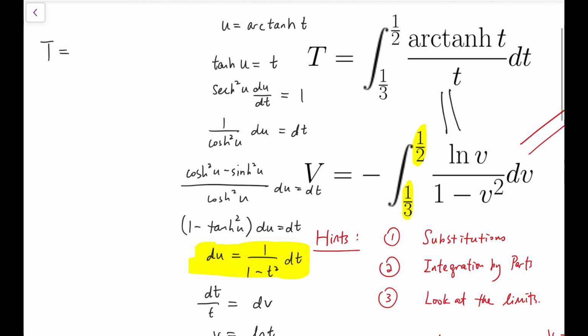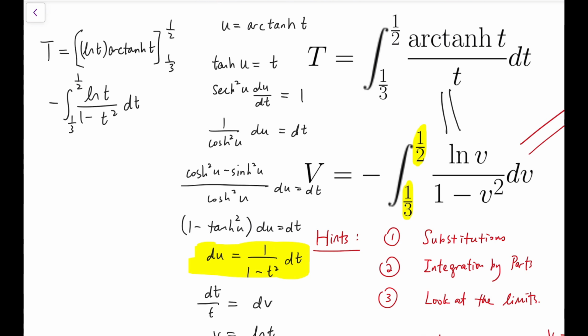So to apply the rule, we start with the integral of u dv, and it's going to be equal to uv, which is log t times arctanh of t, under the limits 1/2 and 1/3, subtracted by the integral of v du, and that is log t over 1 minus t squared dt, under the limits 1/2 and 1/3.